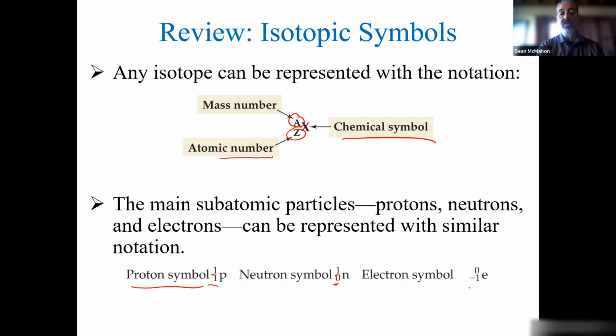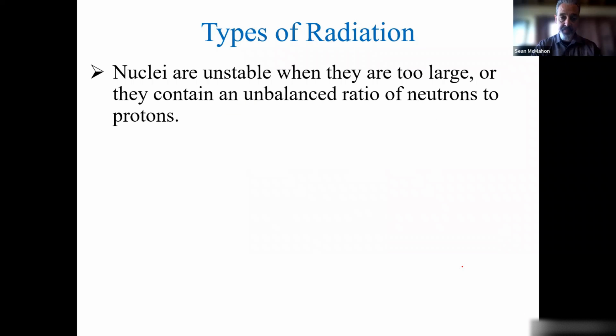For the electron, because there's a negative charge, you typically put a -1 charge, but it has a negligible mass, so you'll see a 0 for the mass number. Some books show these symbols for the decays. I tend not to when I do the nuclear reactions, but I want to show them because in some cases you'll see something similar.